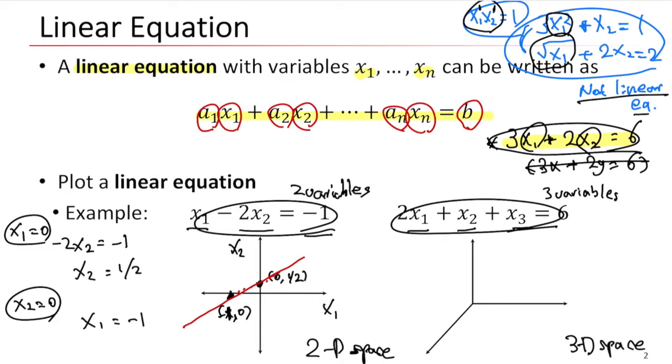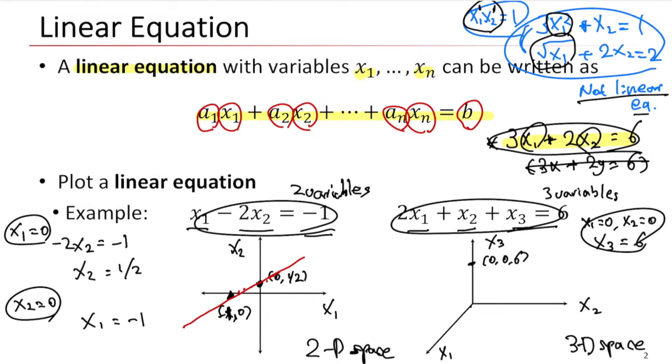Because we have three variables, x1, x2, x3, how can I draw this? When x1 is equal to 0 and x2 is equal to 0, x3 is going to be equal to what? 6. So x1 equals 0, x2 equals 0, x3 should be 6.